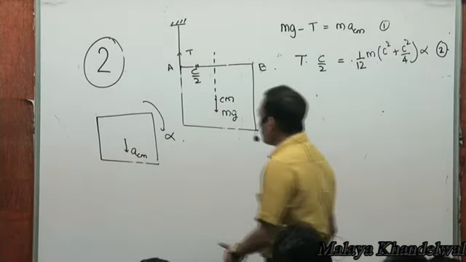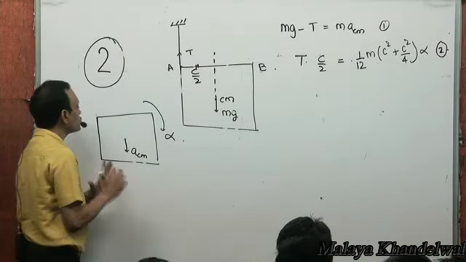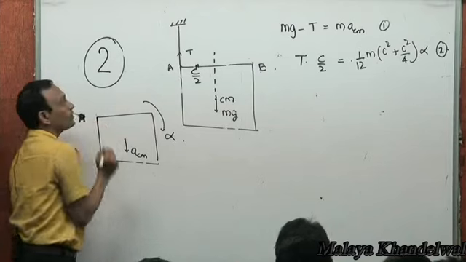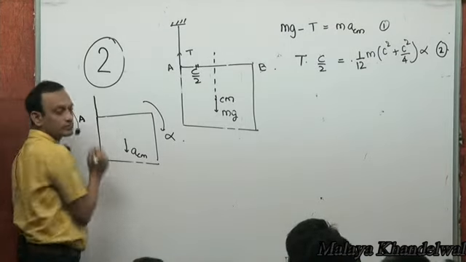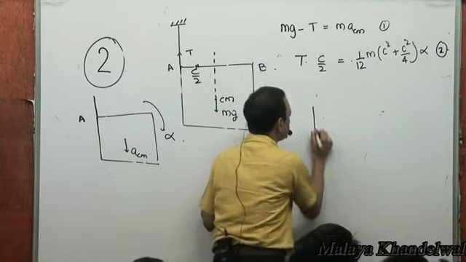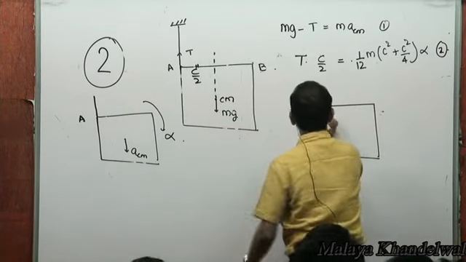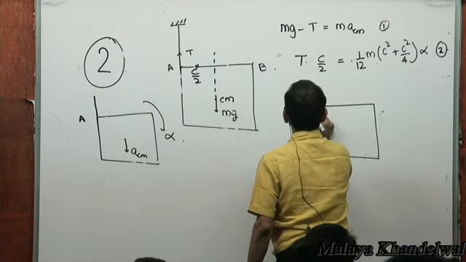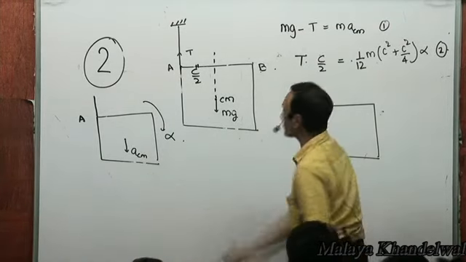See, all points on this rigid body would be in a state of generalized motion, and A would have an issue. A is connected to a string like this, right? If I had to calculate the acceleration of A, how do I do that? I will superimpose pure translation with pure rotation. A, because of pure translation, will have ACM like this, which it will share with the center of mass, right?